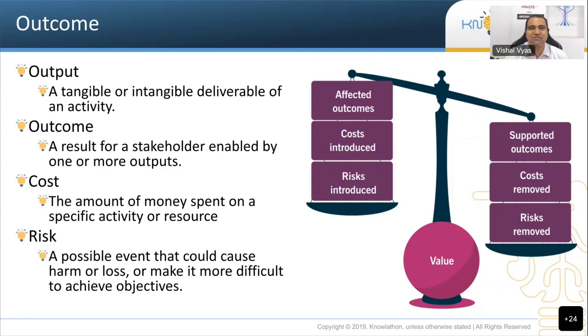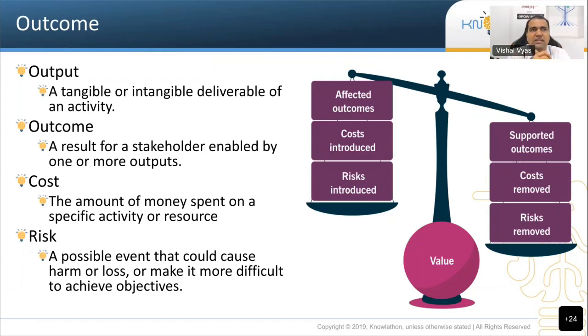Output is tangible or intangible deliverable of an activity which contributes to outcome. Dal, rice, pani puri contribute to the satisfaction of hunger. Outcome: ultimate result that a stakeholder expects, a result for a stakeholder enabled by one or more outputs. Cost: amount of money spent on a specific activity.